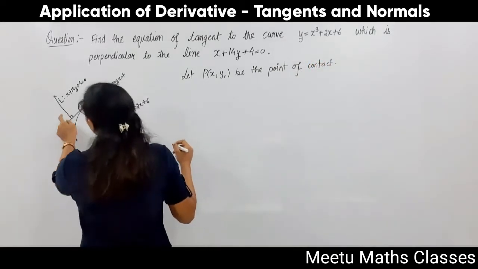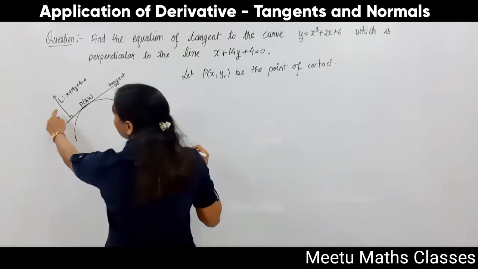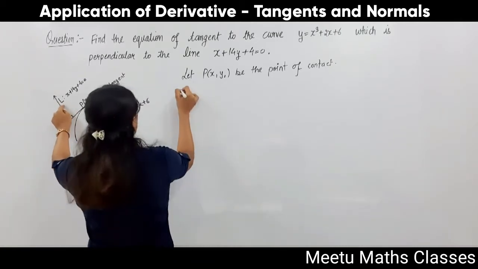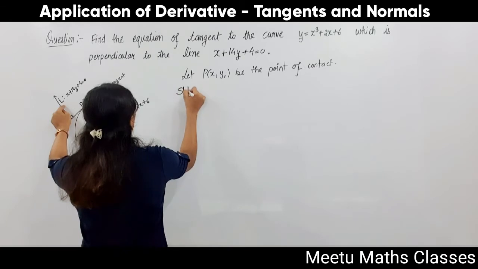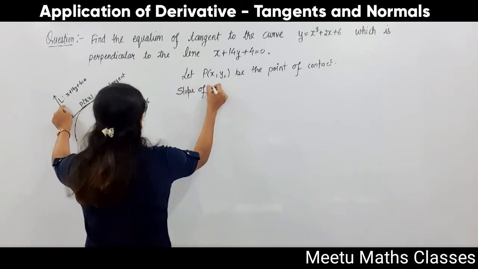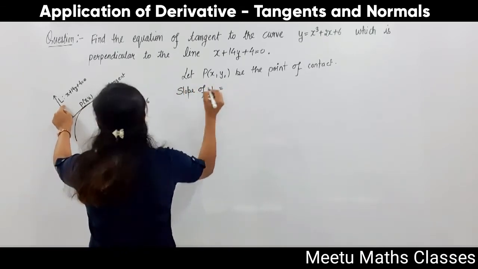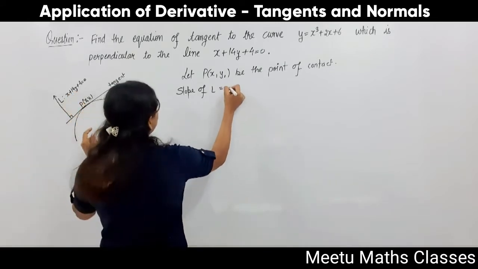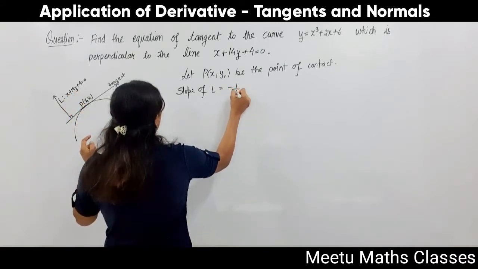Now, since your tangent line is perpendicular to this line L, let us find out the slope of L. Now, the slope of L is equal to minus a by b, that is minus 1 by 14.